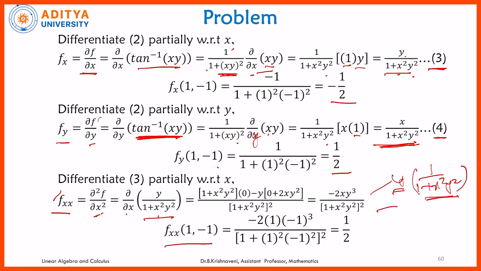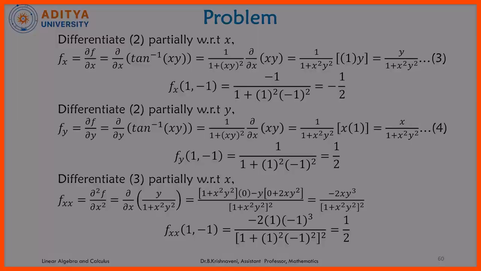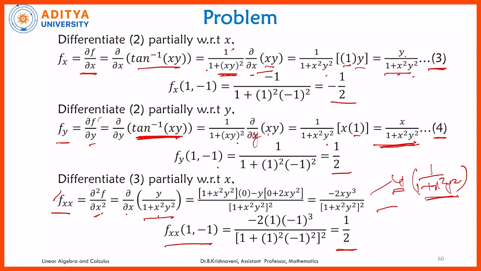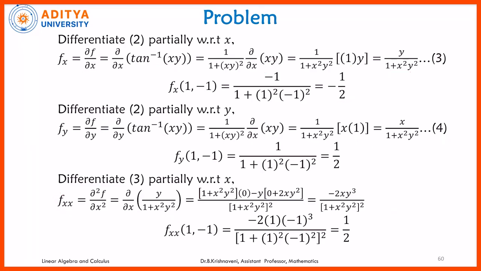Now find out fxx of 1 comma minus 1 by taking x is equal to 1, y is equal to minus 1, you got the value is equal to 1 by 2. Then find out fxy, that is f with respect to x then y, which is dou by dou x of dou f by dou y, calculated just now, that is x by 1 plus x square y square.